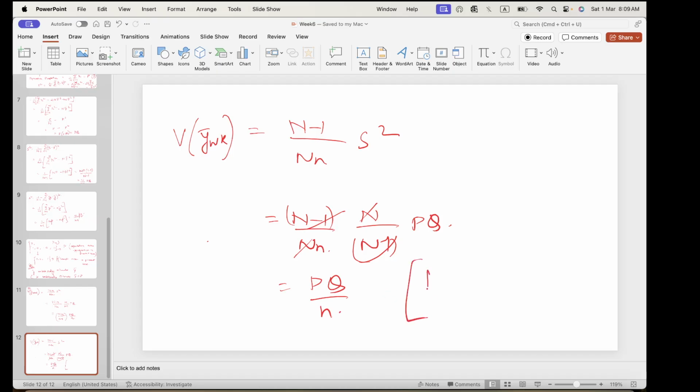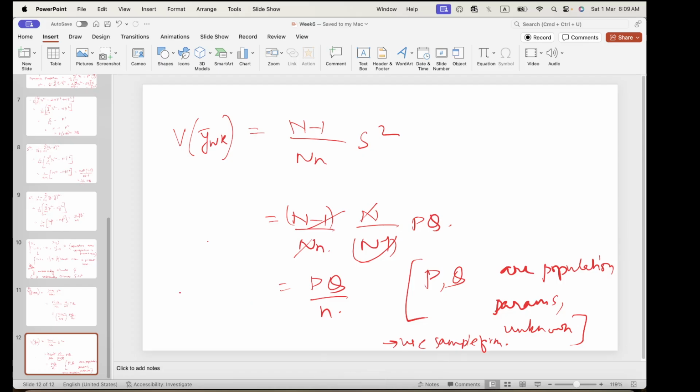Now mind you, P and Q are population parameters and they are unknown. So what do we have to do? We have to use the sample form.